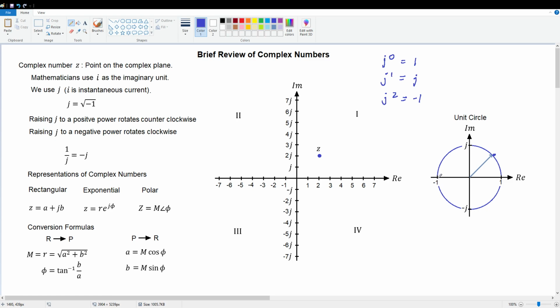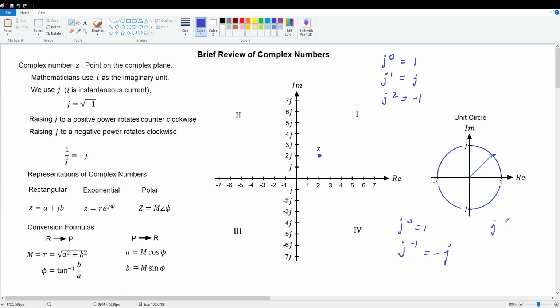Similarly, if we raise J to a negative power, we rotate clockwise. So again, starting with J to the 0 power, which equals 1, J to the negative first power would be -J. Now, think about this for a second. Any number to the negative first power is its reciprocal, right?